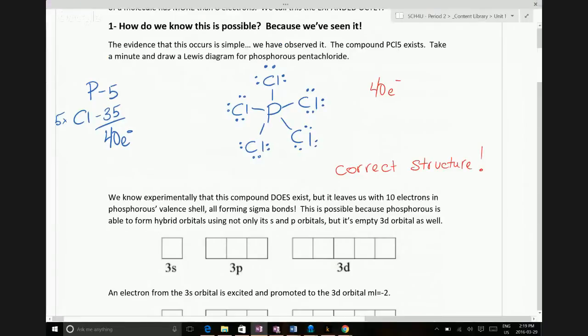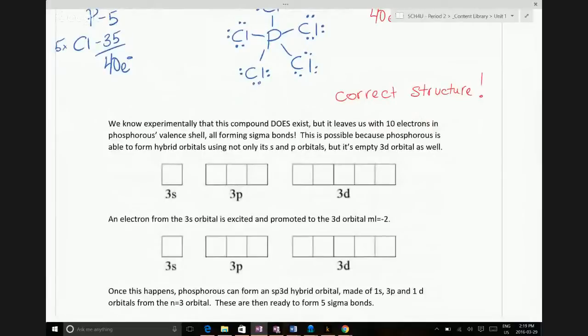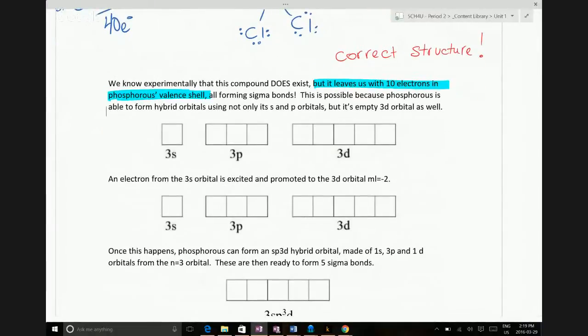But I hope you'll see that we do have a problem in that phosphorus now has 10 electrons in its valence shell. I guess this calls for a highlighter, really. So at this point, there are 10 electrons in phosphorus's valence shell, which we know should break the rules.